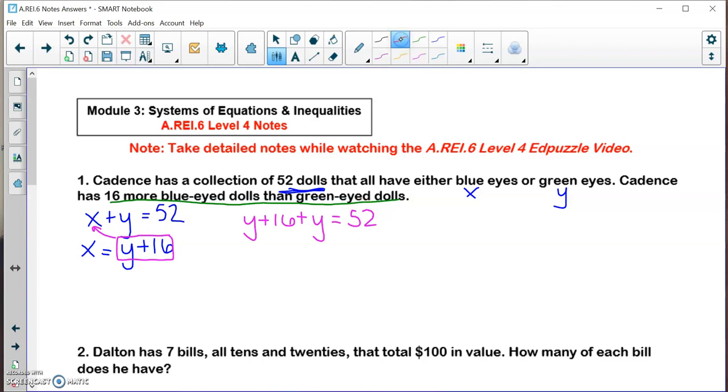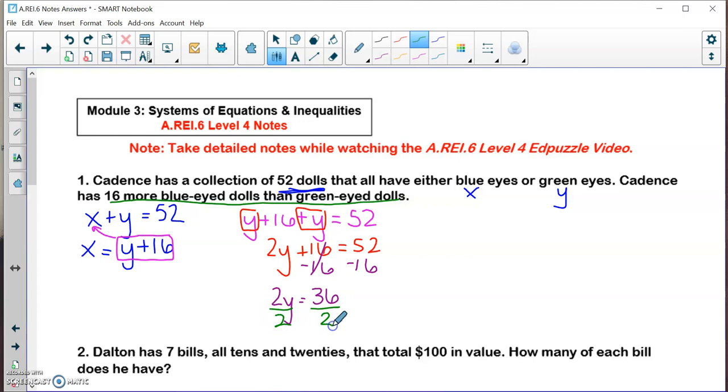And now I'm going to solve from here. A y plus a y would be a 2y. And then now I'm going to subtract 16 from both sides. And divide by 2 on both sides.